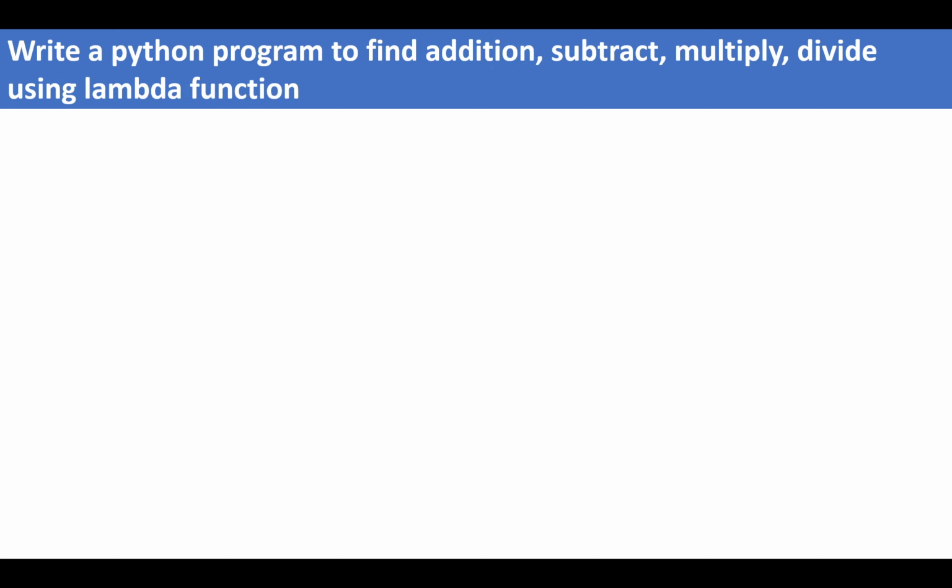Now I am going to discuss some more programs based on lambda functions. We have to write one single program in which we do addition, subtraction, multiplication and division operations by using lambda functions.